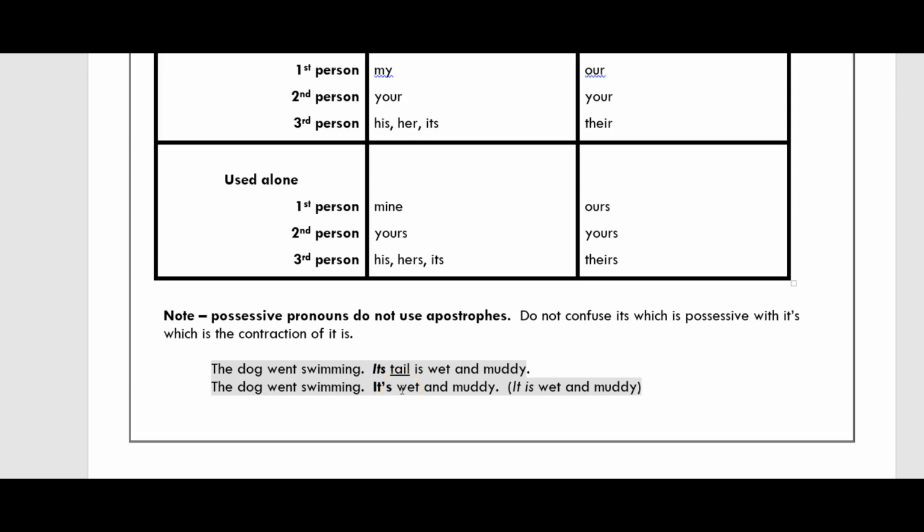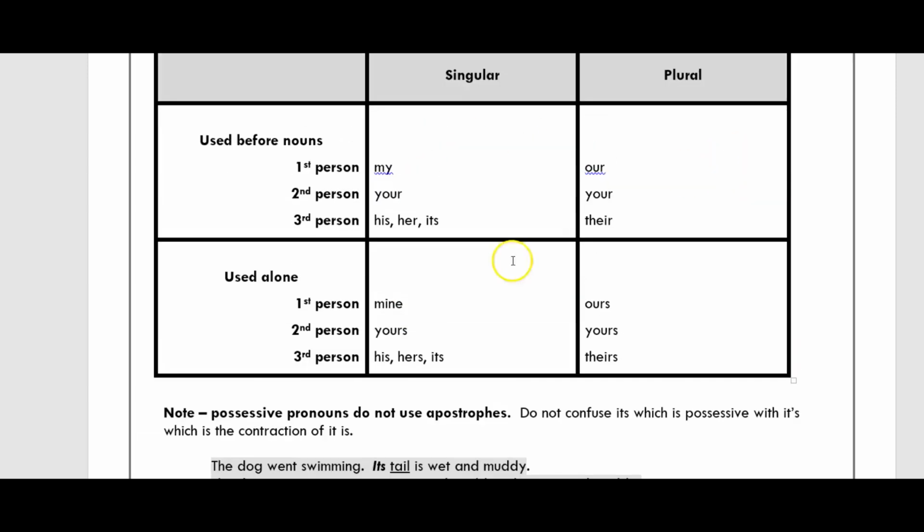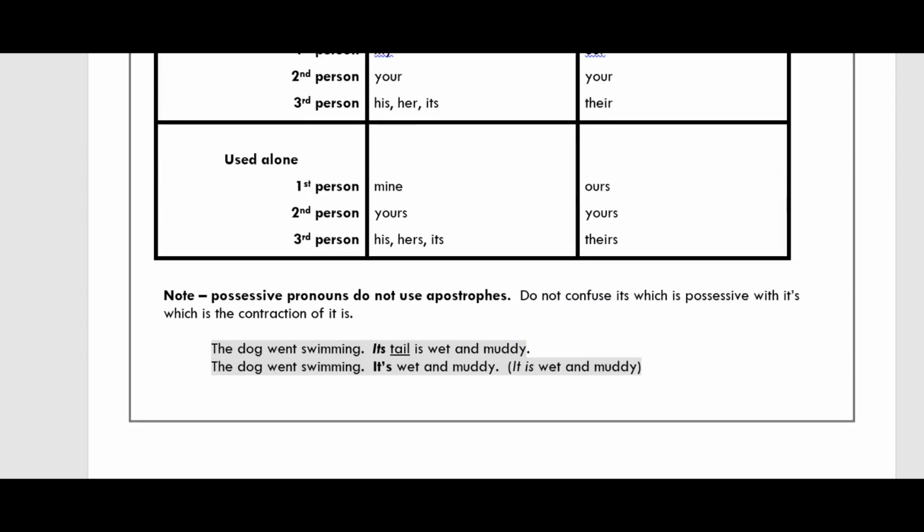Of course, they tell you all the time you shouldn't use contractions when you're writing formally, but in informal writing it's perfectly fine. In narratives it's perfectly fine to use contractions. So the apostrophe is telling us it's two words, it is. So in order to avoid confusion between whether it's the contraction or the possessive form, its does not use an apostrophe. And that's true all the way through. As you see, when we add those S's, there's no apostrophe in any of them, okay?